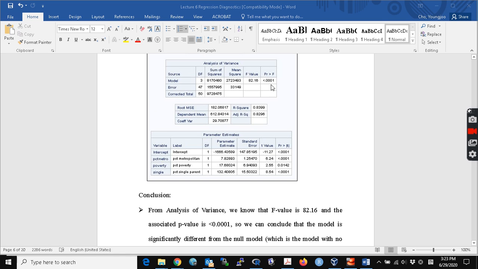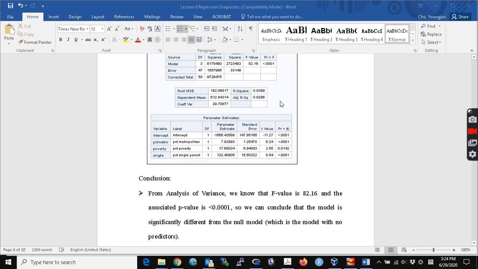So here we can reject the null hypothesis and conclude that our model is useful. I mean, at least one of the coefficients of the covariates is not 0.